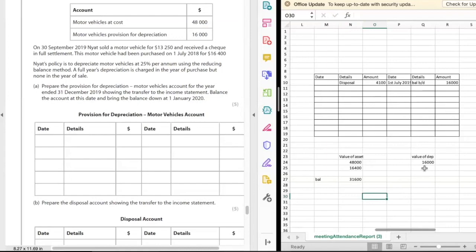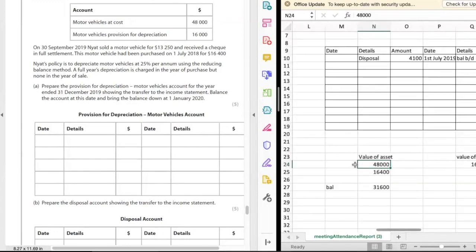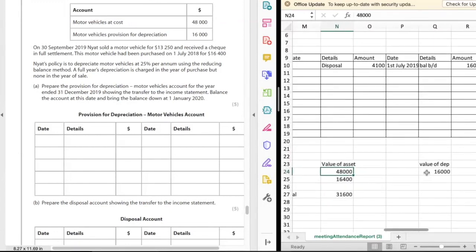Yes, sir. Okay. Now, for these assets, 48,000, what was the depreciation? 16,000. For this asset, 16,400, what was the depreciation? This was the depreciation we just calculated.